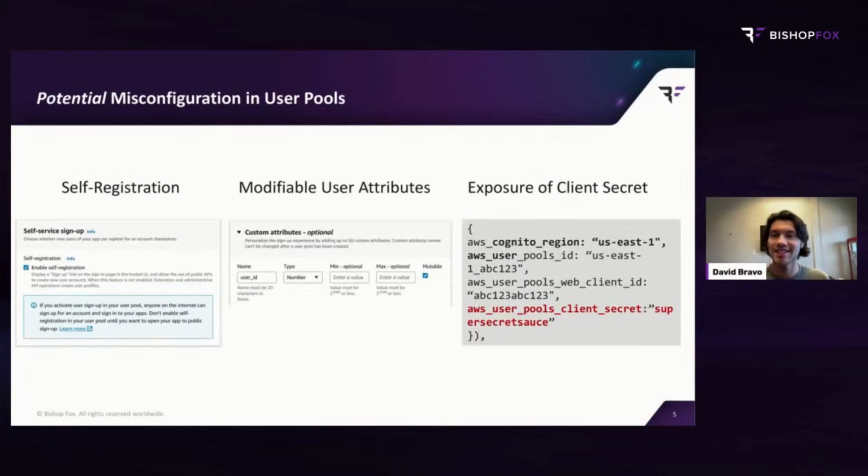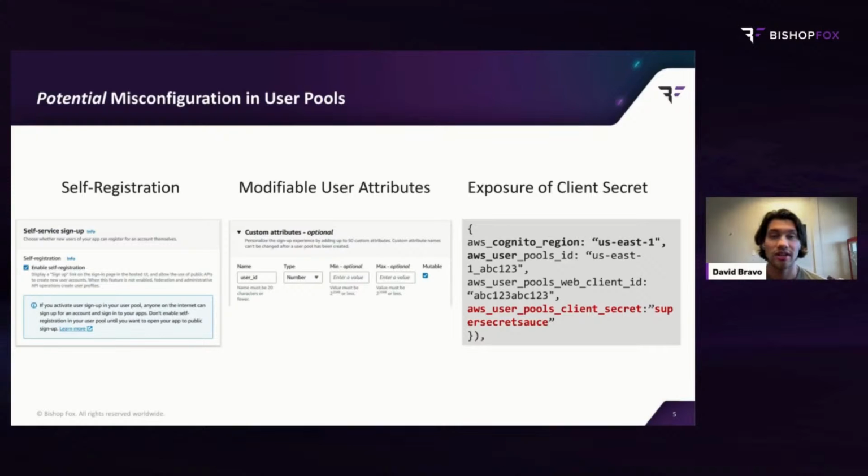Now that you guys are experts at AWS Cognito, let's chat a little bit about some potential misconfigurations. I think the keyword here is potential, because these configurations in AWS Cognito don't necessarily mean that they are a misconfiguration or introduce a vulnerability. For example, this first one we see on the left is self-registration.